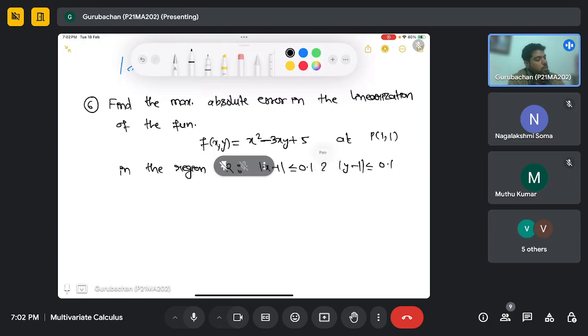So we need to calculate the absolute error in the linearization of this function. We will try it, then we will discuss it here.